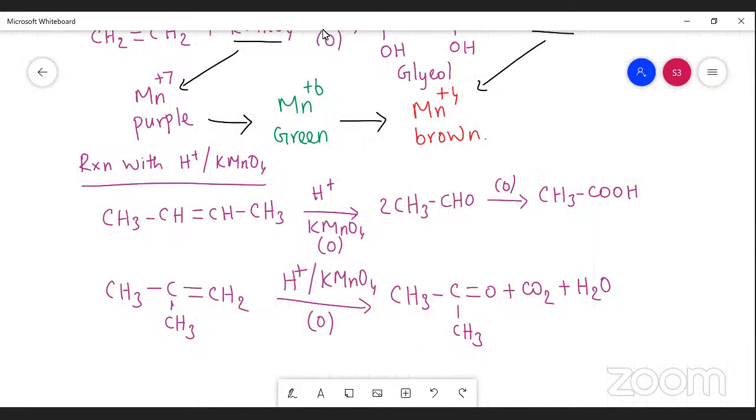And then the next one is the most important reaction, that is ozonolysis.